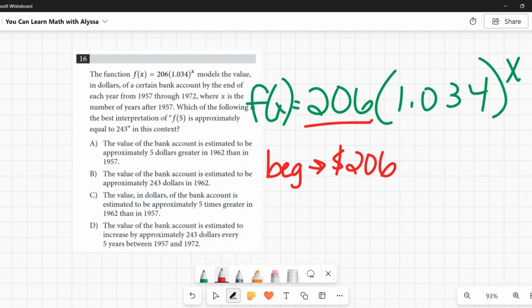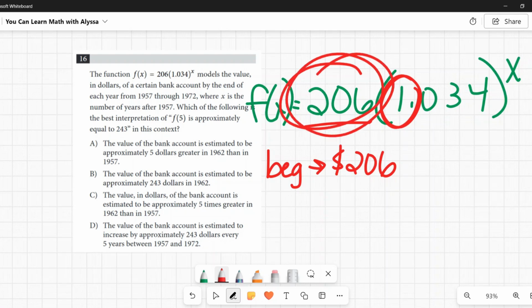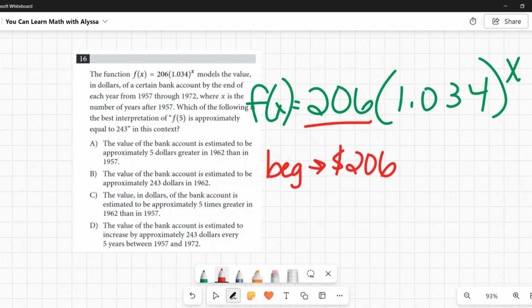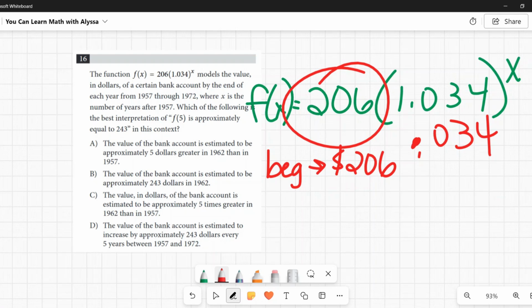When you multiply 206 by 1.034, that 1 keeps the 206 there, because if I multiply 206 by 1, I get 206. But some more got added to it, and that's that 0.034. That's the additional interest. Because if I just multiplied by the interest, 0.034 or 3.4%, I would just get the amount that had been added to that 206.